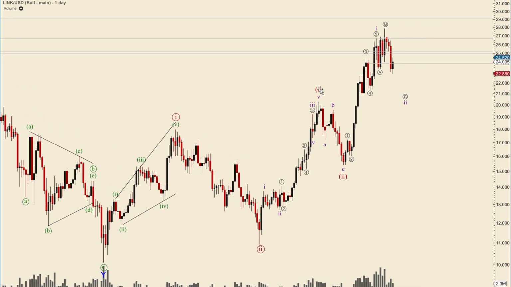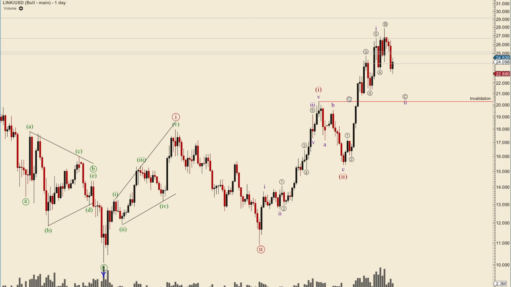So we don't really want to break this structure here. We don't want to hit this, because then the 1, 2, 1, 2 scenario goes out the window. And yeah, that's not good for the bulls, because then we need to count 1, 2, and then what?